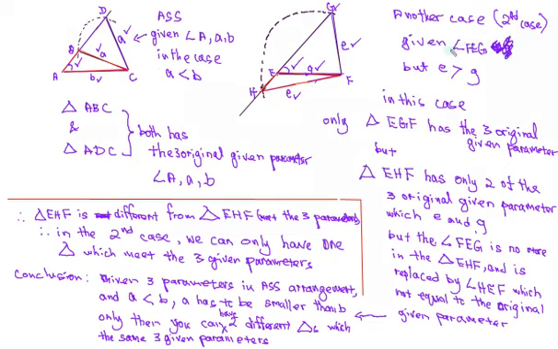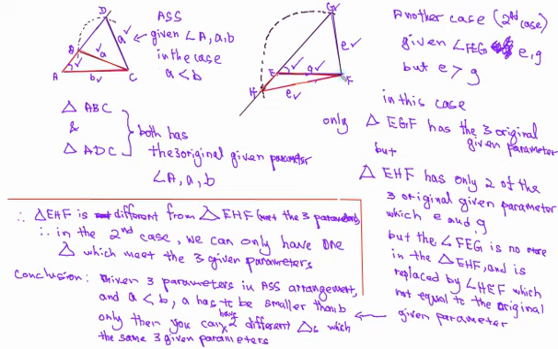It's supposed to be E and G. Now, for triangle EGF, you have the given angle FEG, you got a given length E, you got the given length G. So this triangle has the three given parameters.